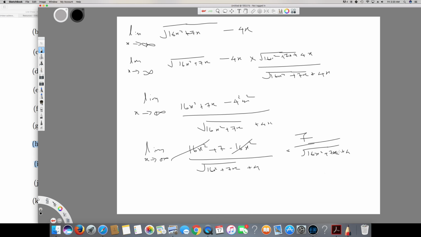Let's see what we can do here. 7x over the square root of 16x squared plus 7x plus 4x.